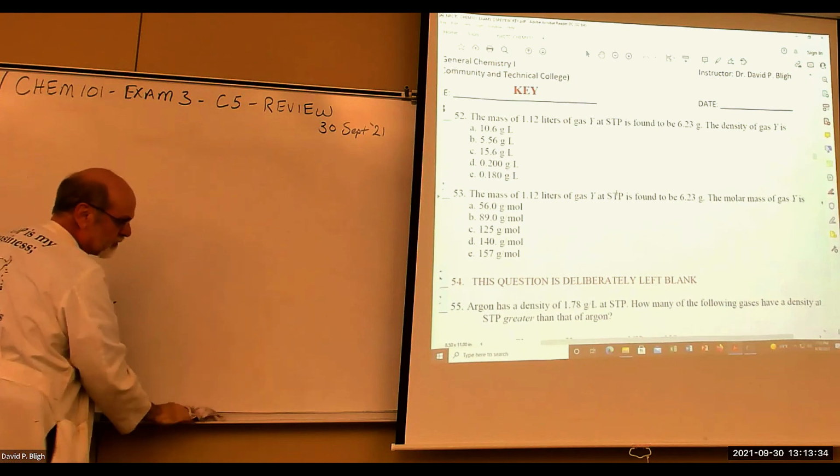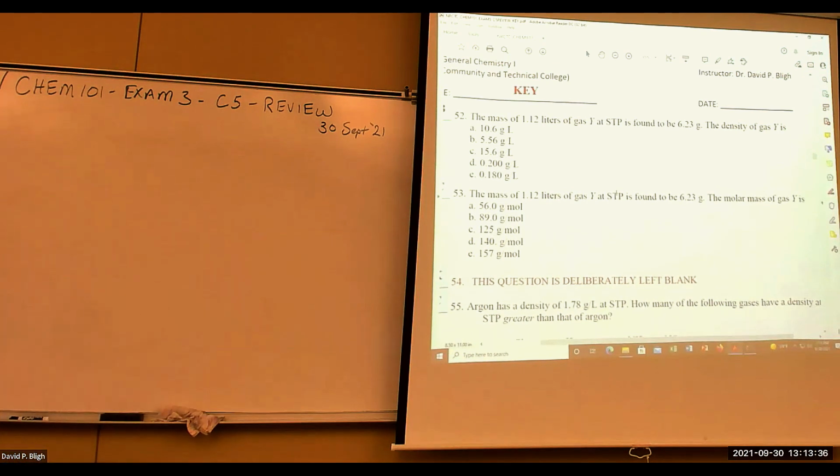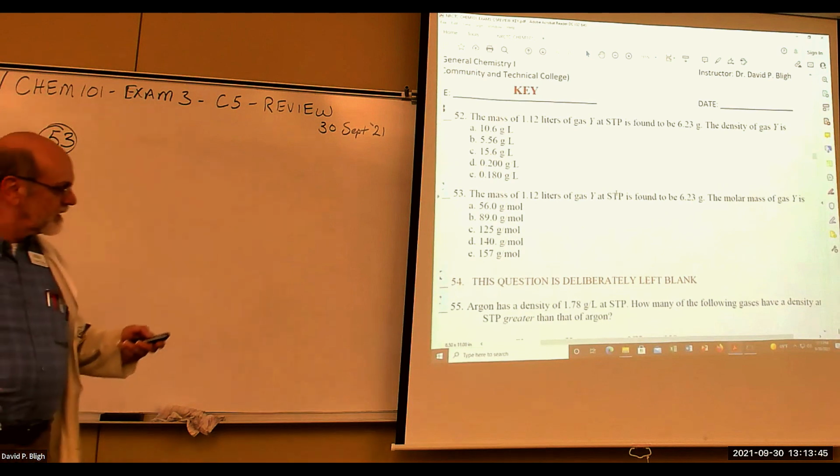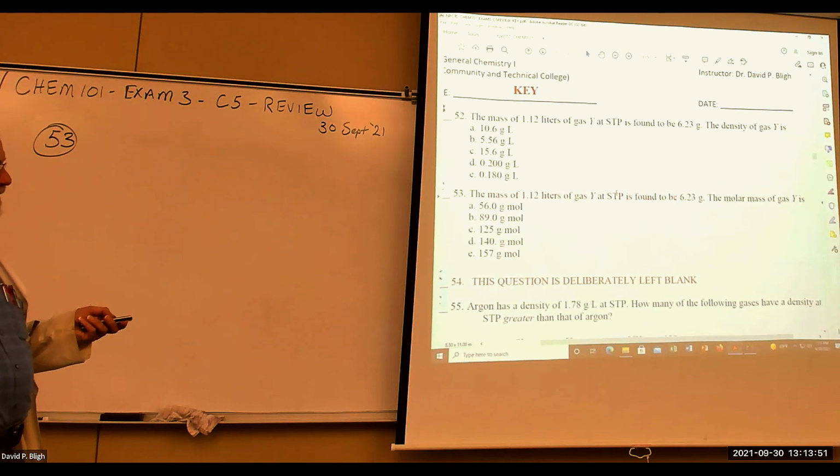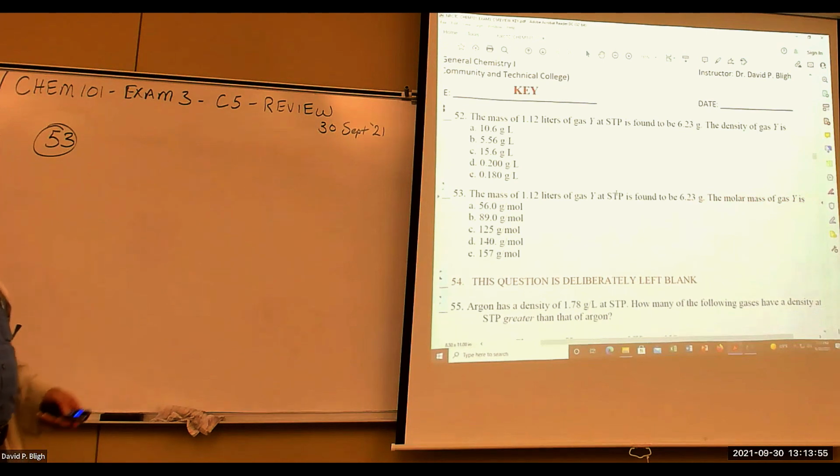I think I got 53 marked off too. Yep, 53. Here's another STP. The mass of 1.12 liters of gas Y at STP is found to be 6.23 grams. The molar mass of gas Y is what?